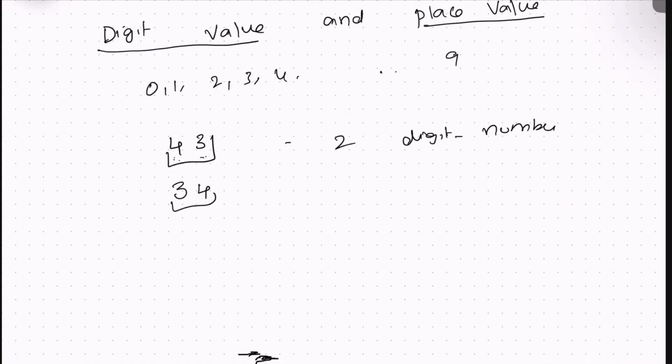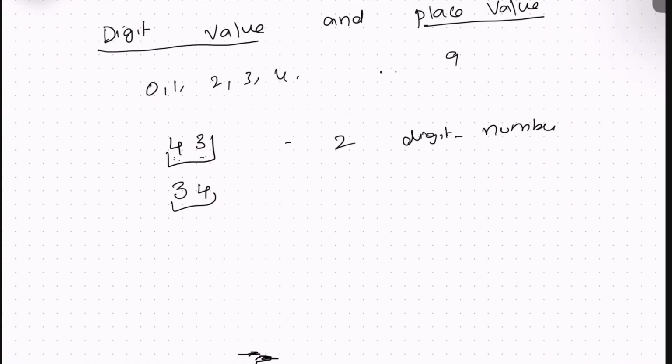In whatever number it is, the digit value is always exactly the same. The digit value is sometimes also called the face value of that digit.